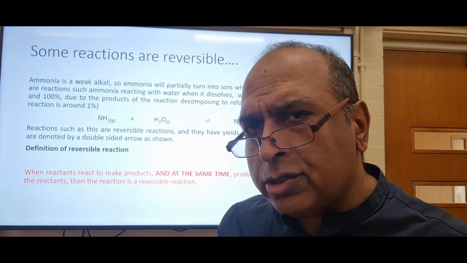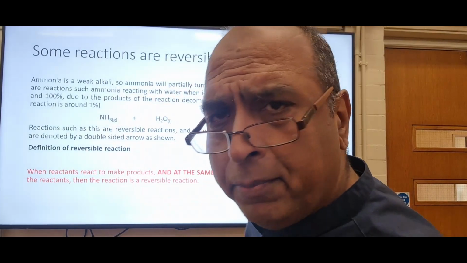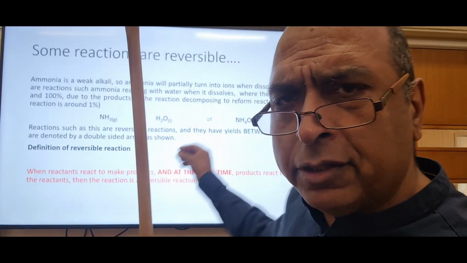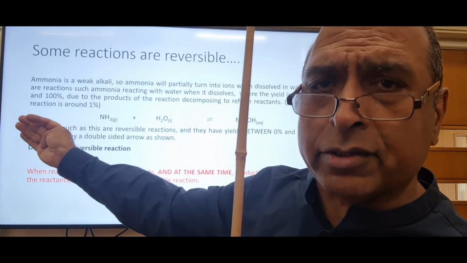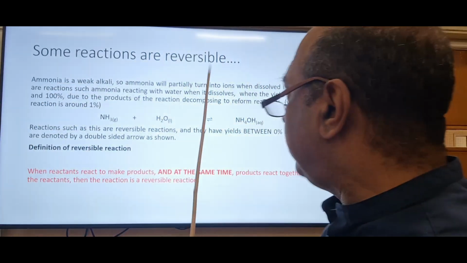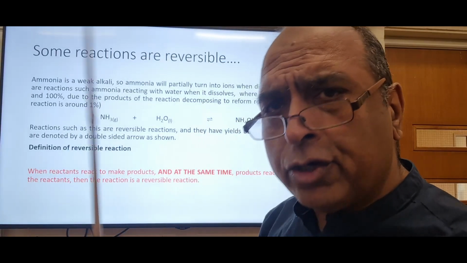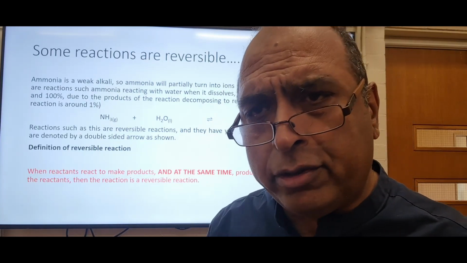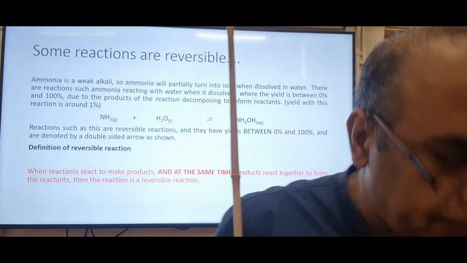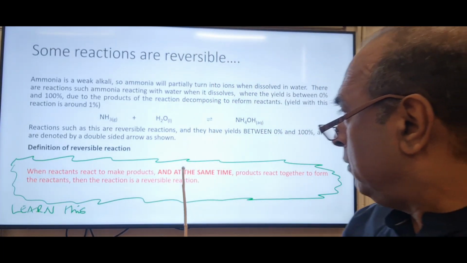You cannot get all of the left-hand side reactants to make your products. If you were to start with products, you cannot get all of the products to make reactants. Definitely, there will be a position of the reversible reaction which will give a yield. The yield will definitely be more than 0, less than 100. Okay, let's move on. Learn that.